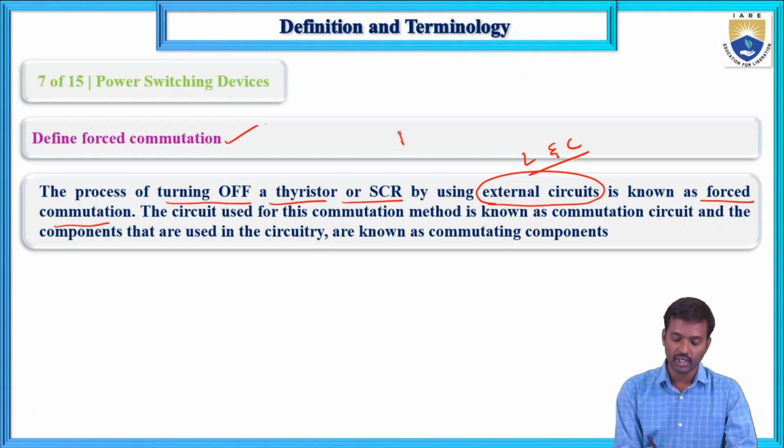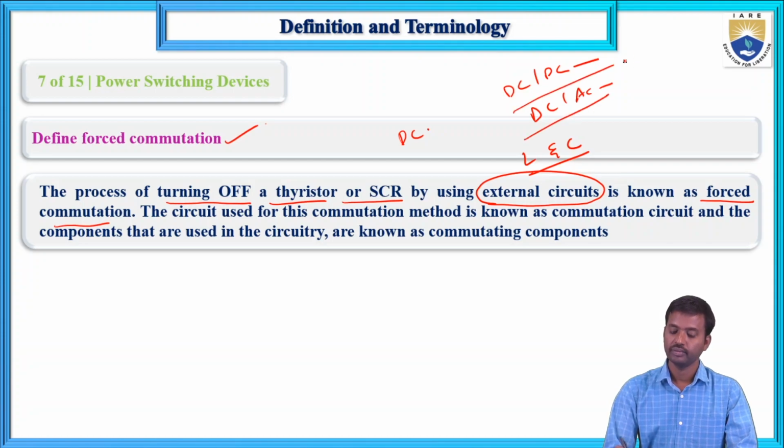We can observe this commutation in DC circuits, that means DC to DC choppers, and DC to AC inverters.